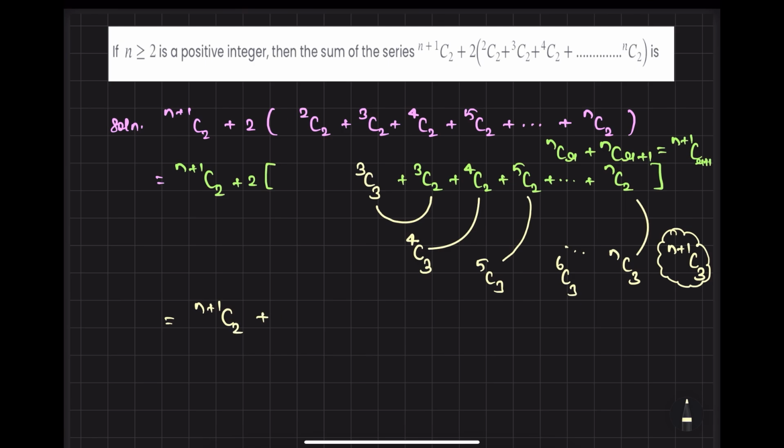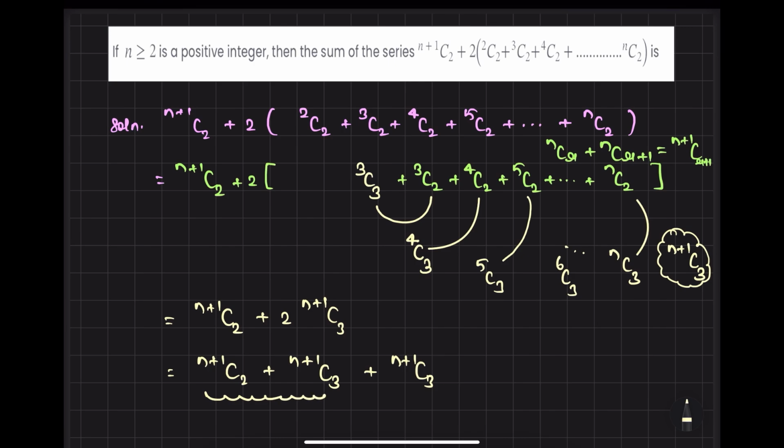Now can I write this thing as n+1c2 plus 2 times n+1c3? Okay, now look at this. Let's segregate them: n+1c2 plus n+1c3 plus n+1c3. Now look at why I have segregated.